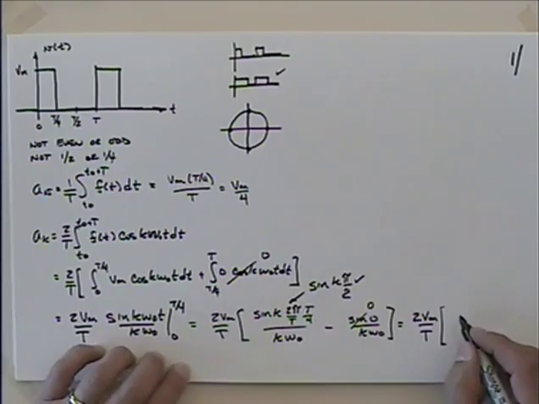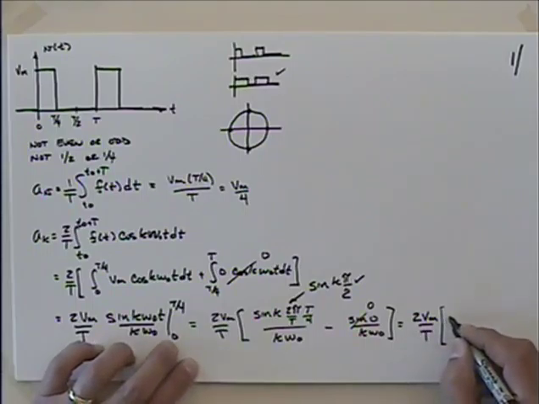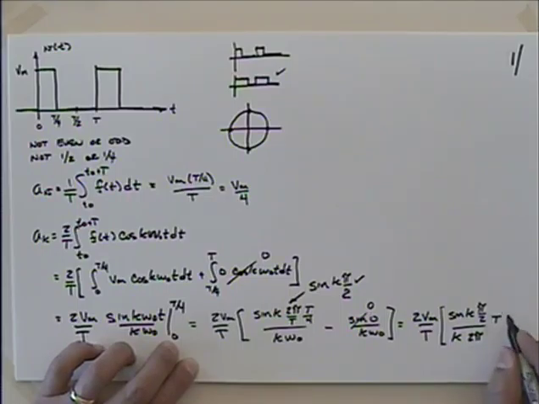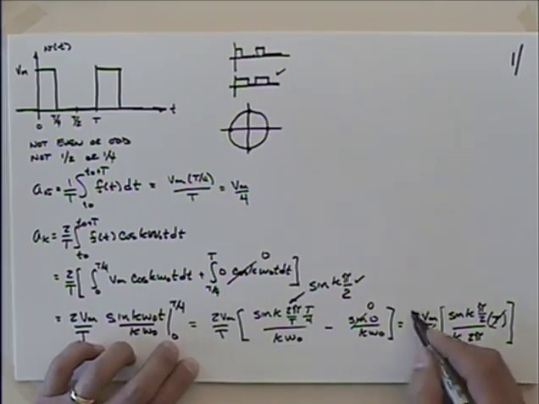So I'm going to say that I have 2 Vm sine k pi over 2. And then I'll have this k here, and I have 2 pi, and I'll have a t up here in the numerator. So you get to cancel that with that, and that with that.